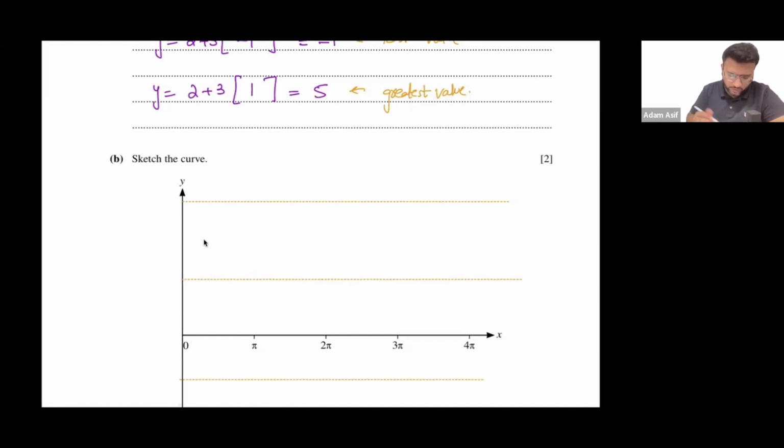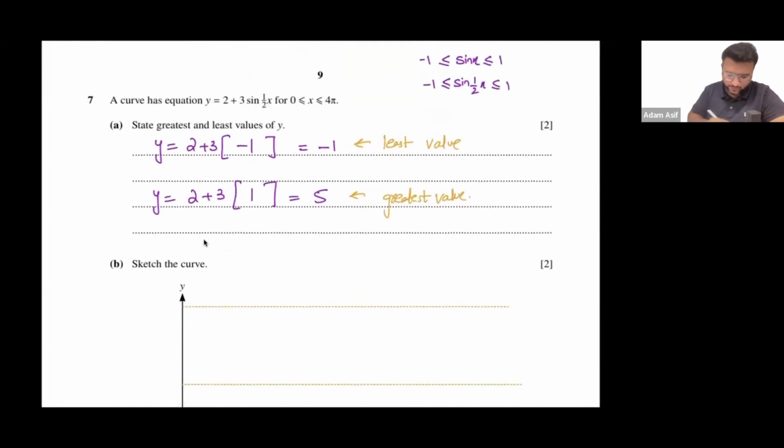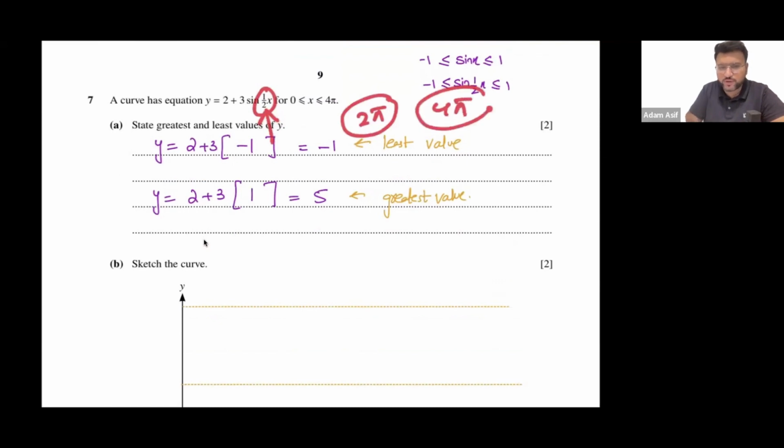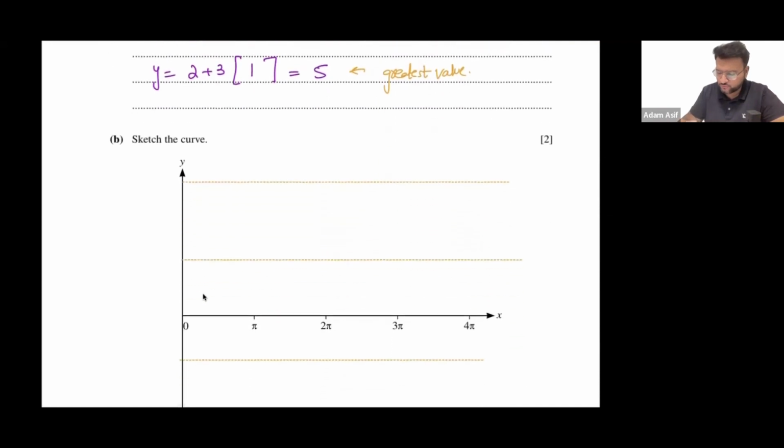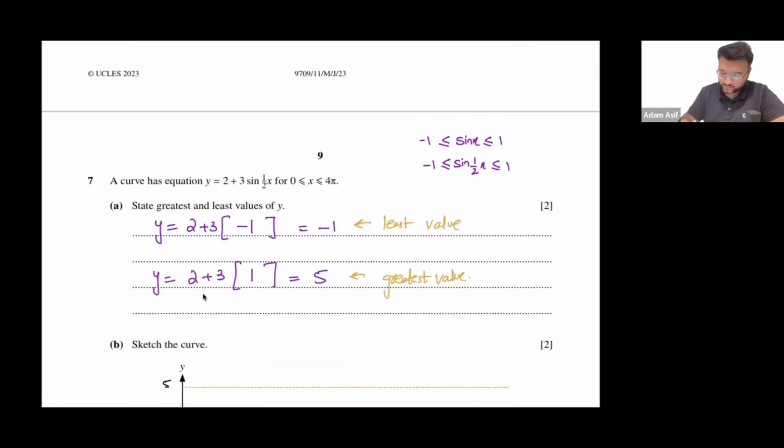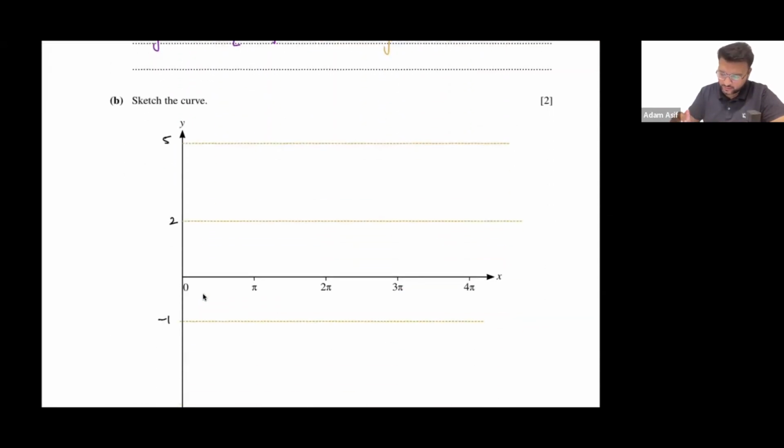Now, how many cycles do we have? Half x means that there is going to be half a cycle in 2 pi. So one complete cycle is going to be in 4 pi. So we are just going to draw one complete cycle from 0 to 4 pi. This is 5, this is 2, this is -1. So half cycle in 2 pi, and quarter cycle in pi.